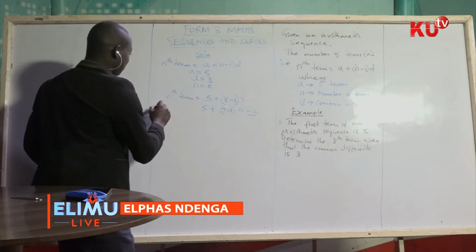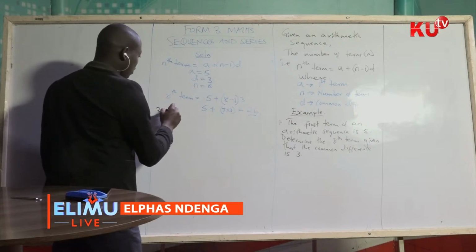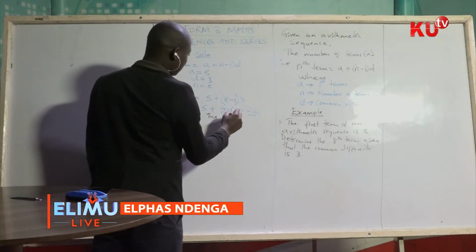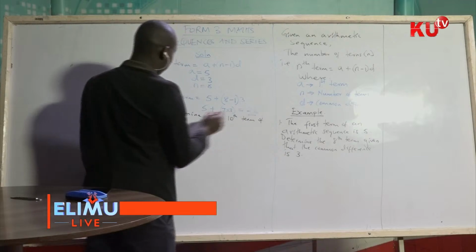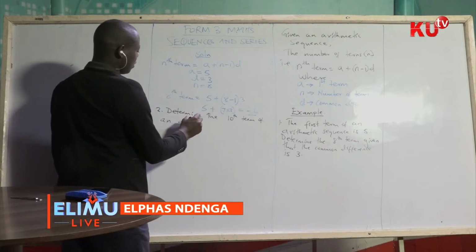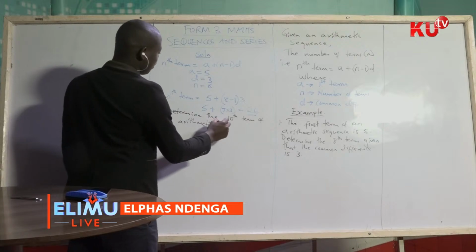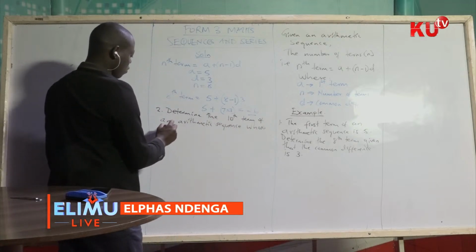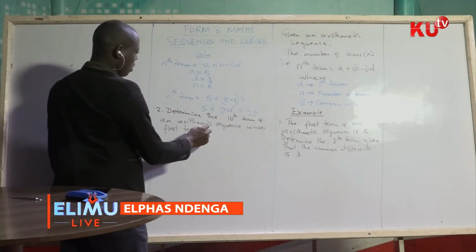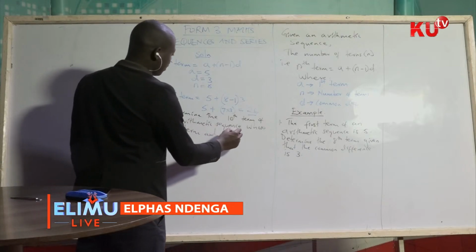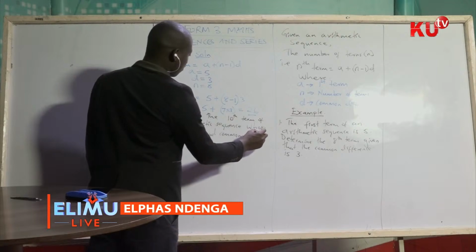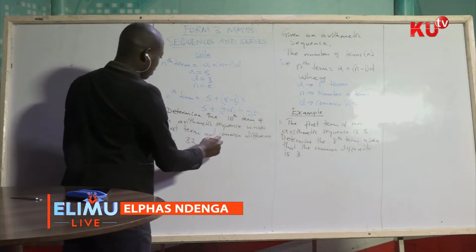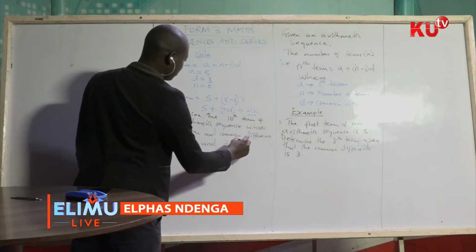Let's have the second one. We're told to determine the 10th term of an arithmetic sequence whose first term and the common difference are 32 and 2 respectively.